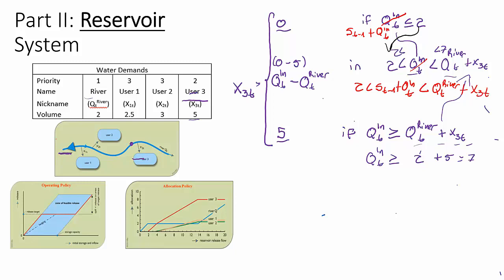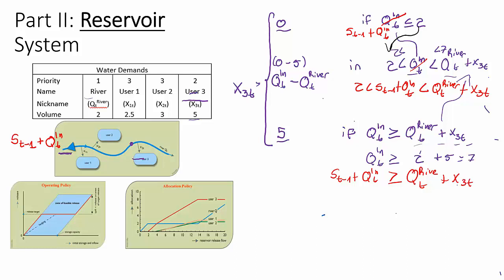Because remember that in the previous one we only have here this Q in, this water upstream, it was the only water available. Now we have the water available is the previous storage, so the storage in the previous time step plus the water coming in that month. And in this case, rather than only Q in, it will be St minus 1 plus Q in if it is greater or equal than Q river plus the water demand for X3.